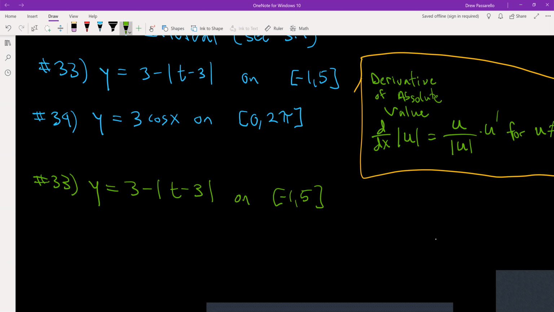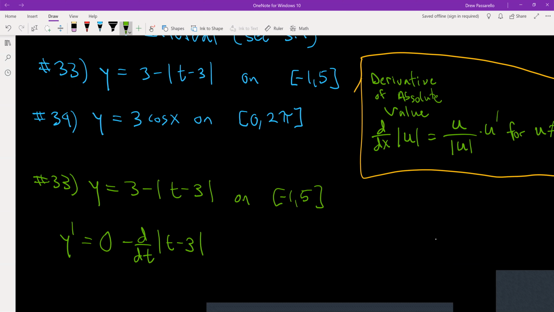All right, so first find critical numbers. So we need to find the derivative, so y prime. The derivative of 3 is 0, and then minus the derivative, and in this case our function is based off of the variable t, so I'd put d/dt of the absolute value of t minus 3.